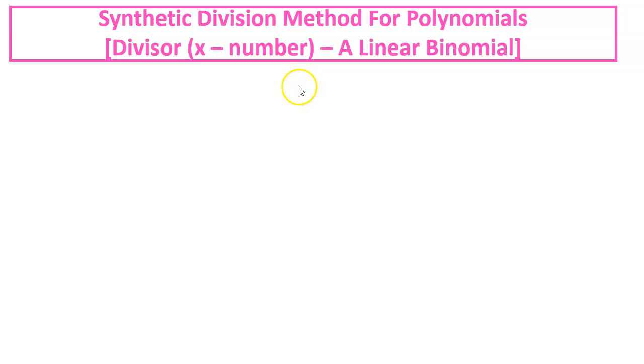And division of polynomials can be done by using the algebraic long division method or the synthetic division method. For factorization of the cubic polynomials, you can opt for the synthetic division method because the divisor will be a linear binomial.